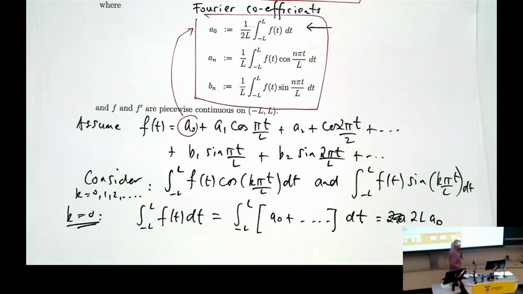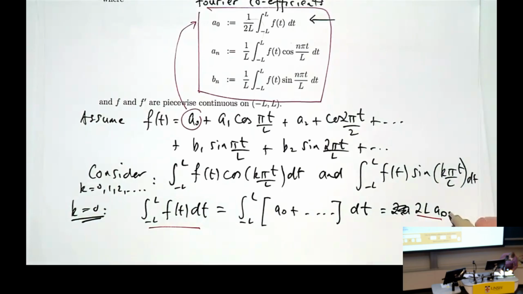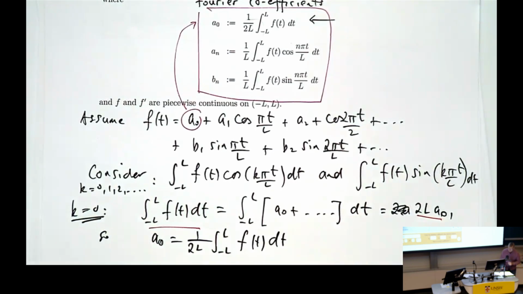So you're going to get a lot of zeros here. If we just move this over here, that's what you get. You can do this for arbitrary values of k, but k equals 0 is the simplest one. So that's where the first coefficient in the formula, A0 up the top, comes from.